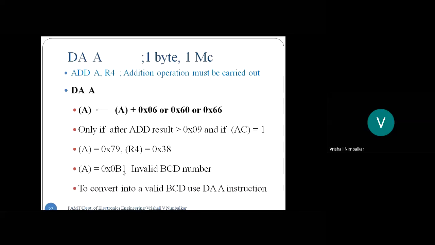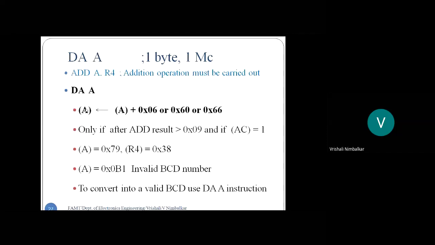B1, invalid BCD number. Now this invalid B1 will be converted into valid by using DAA. So I'll only write DAA. Inside it, the microcontroller will check all these conditions, automatically decide what to add, and will give the answer, a valid BCD answer, right?